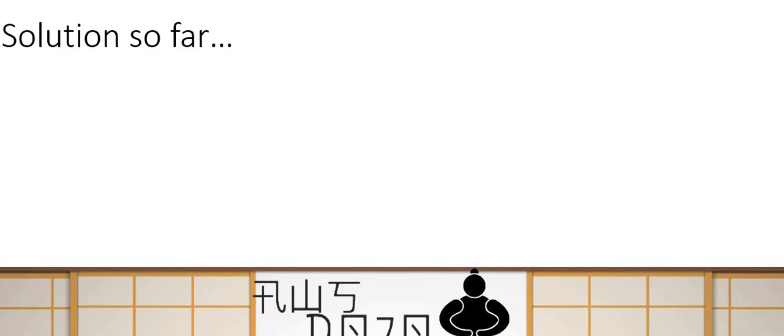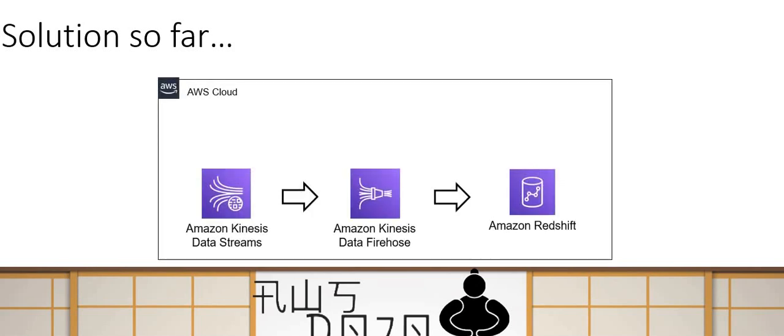What has been the solution so far? There was one solution available, and let's try to understand it. The solution was pretty straightforward. You ingest your data to Kinesis data stream. Then we used to create a delivery system using Amazon Kinesis Data Firehose, which can have Amazon Redshift as a destination location.